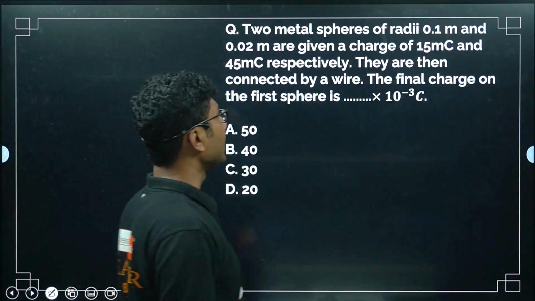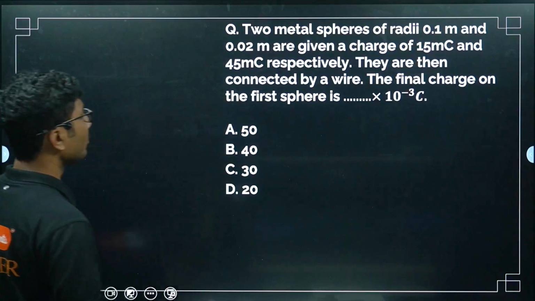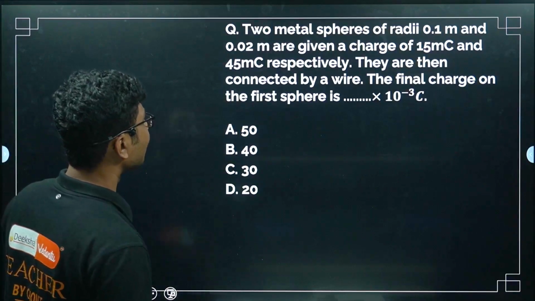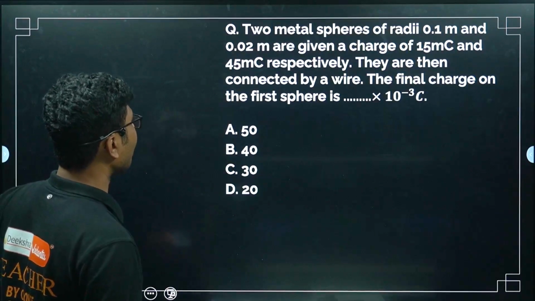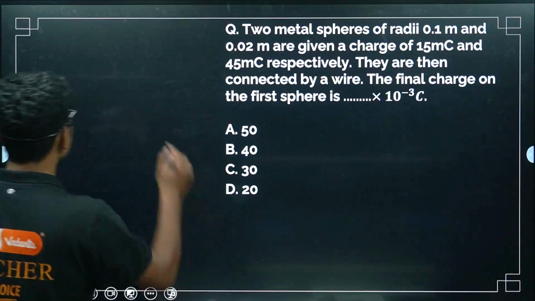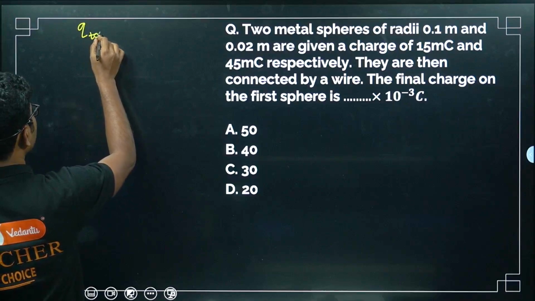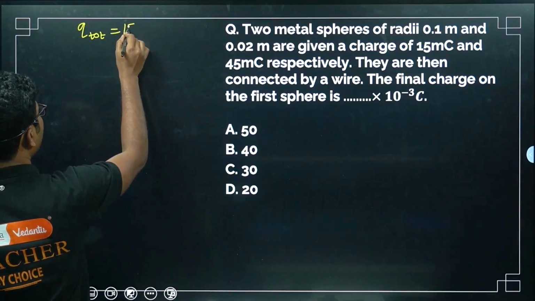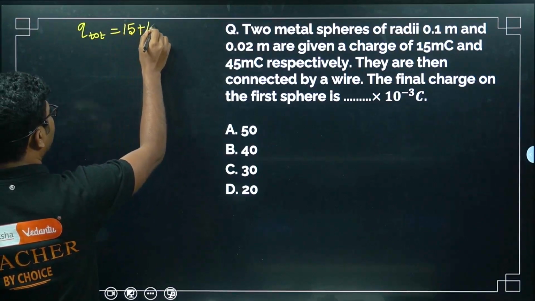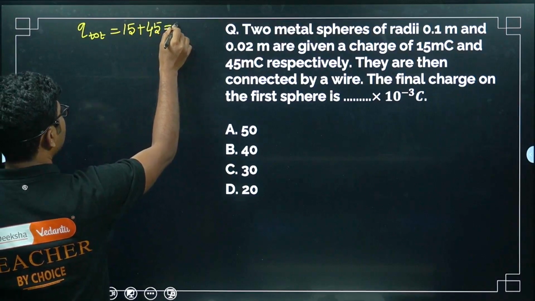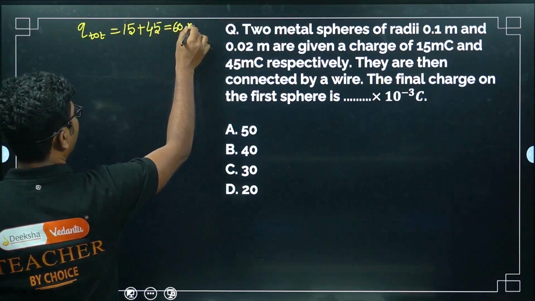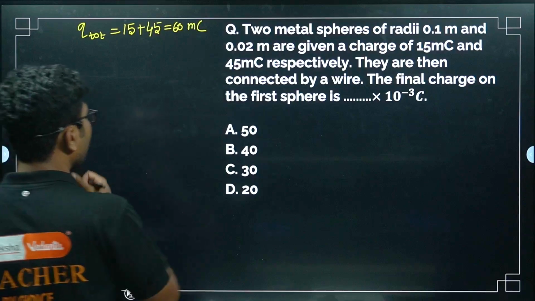Two metal spheres of radius 0.1 meter and 0.02 meter are given a charge of 15 microcoulomb and 45 microcoulomb respectively. So initially the total charge is 15 plus 45, that is 60 microcoulomb, right?